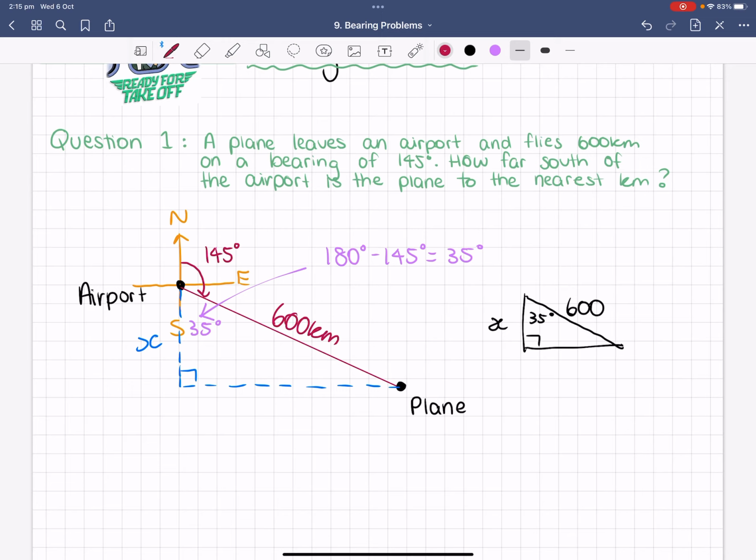Using our trig functions, remember it's SOH CAH TOA. We've got the hypotenuse, the adjacent, and obviously this is our angle in here. So we're going to have to use cos.